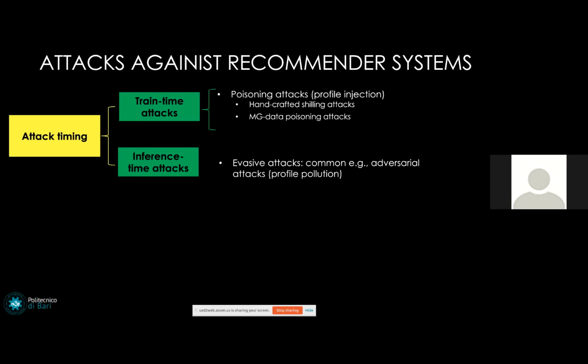Inference-time attacks are also known as evasion attacks because the idea of the attacker is to evade or escape the decision made by the learning model, classification or recommendation. The best example of inference-time attacks are adversarial attacks, which will be presented in the following slides. We can also note that adversarial attacks could be used at train time, as we will present some examples of that in RecSys.